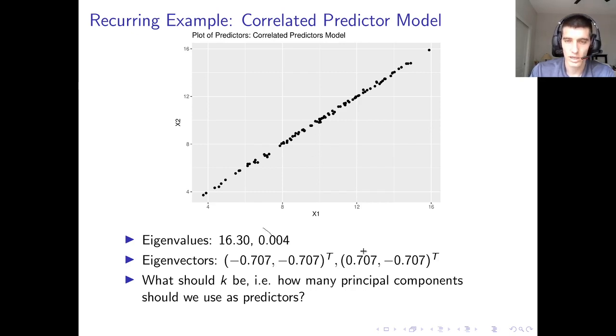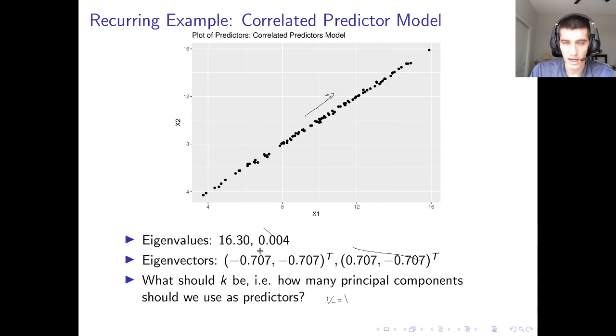Well, I'd remove this one, right? And I'd just take K equals 1, and I'd reduce this to a single predictor, which is formed as a linear combination of predictors here. Okay, it's in this direction. I guess this one is technically in this direction, but same idea.